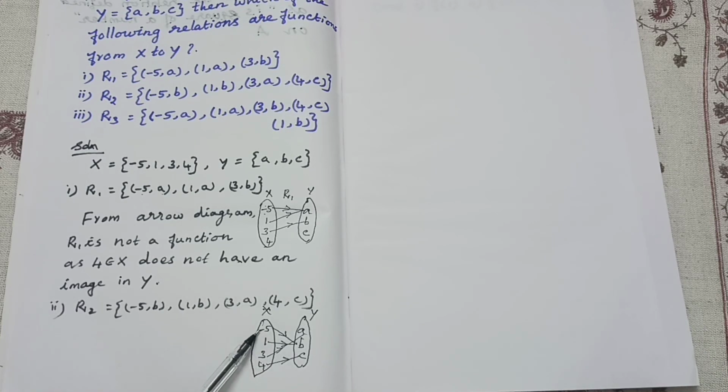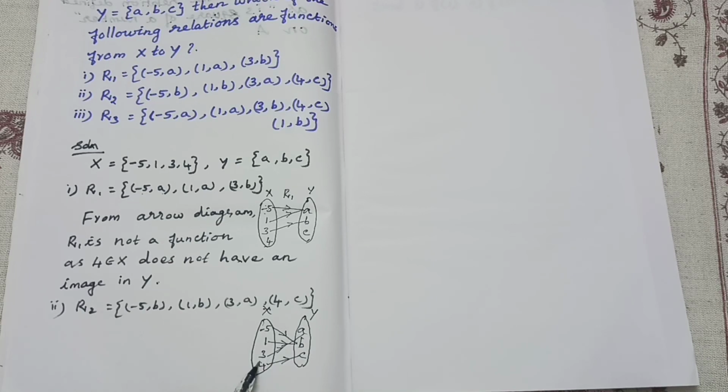What's the image of minus 5? B. What's the image of 1? B. What's the image of 3? A. What's the image of 4? C. Isn't it? Then from the arrow diagram, we can write whether it is a function or not. Yes, it is a function. How?